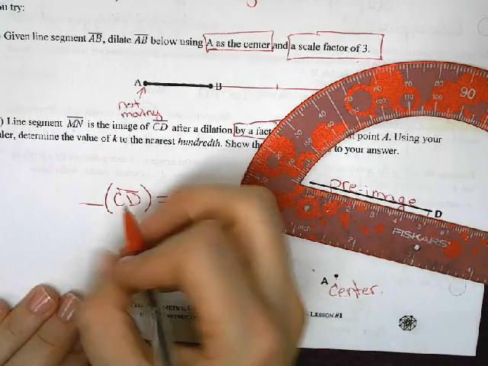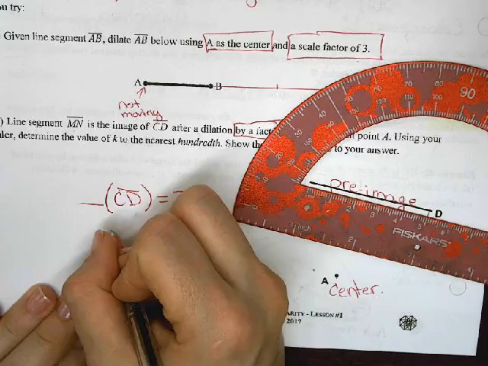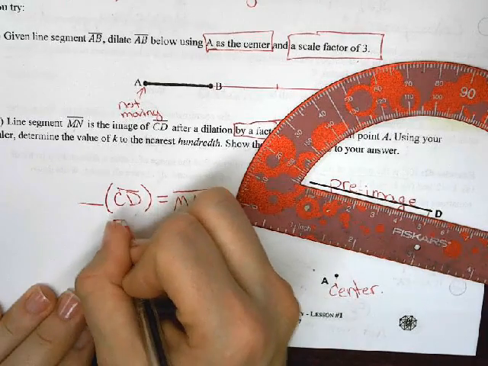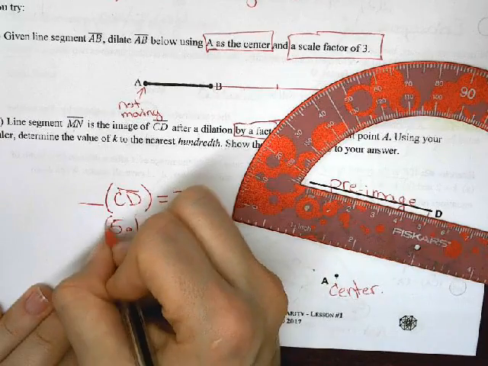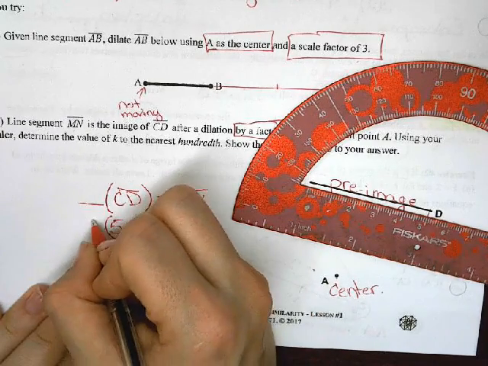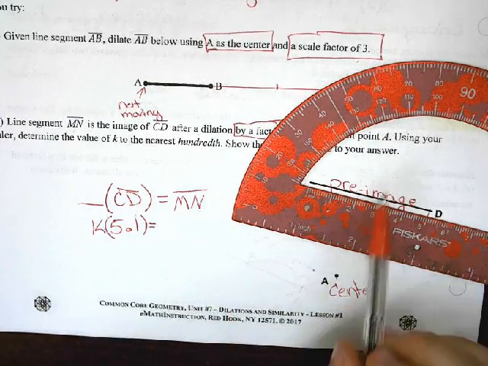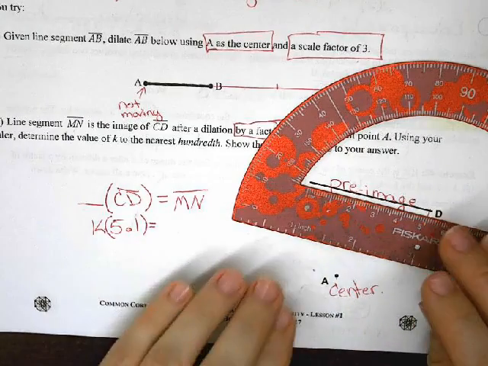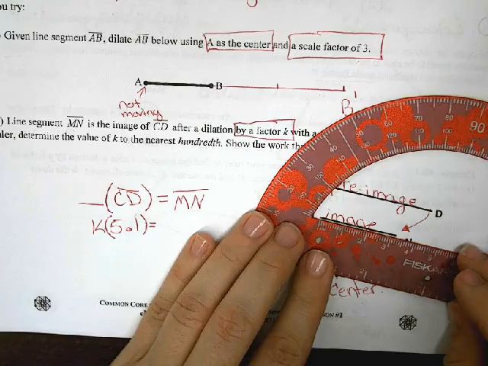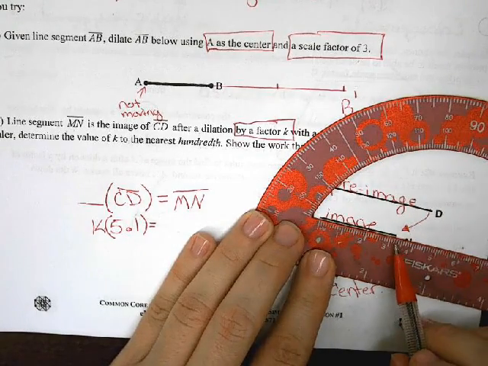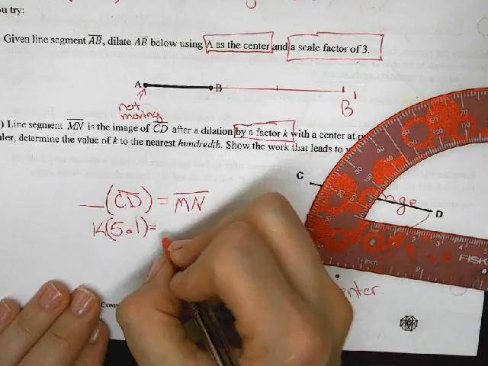So that means CD is 5.1. Okay, so something times this, which I'm going to call K, because they call K the scale factor, is going to give me MN. So now I'm going to measure MN, and I got 3.2 centimeters.